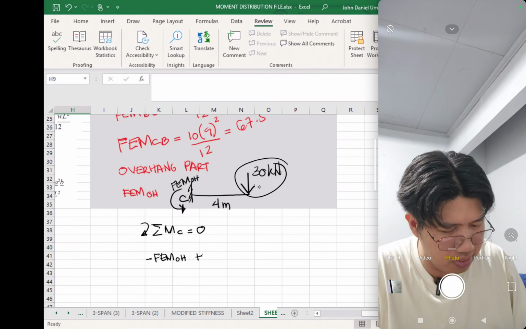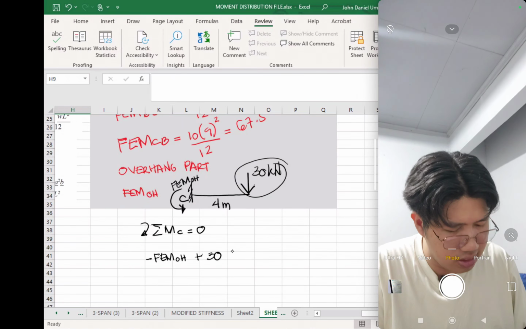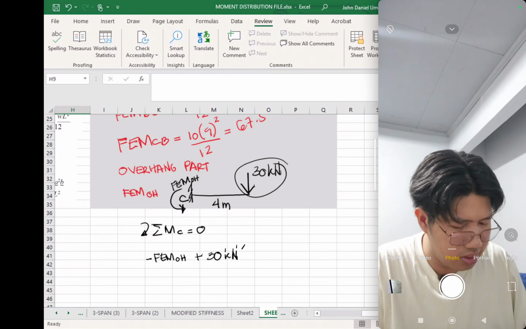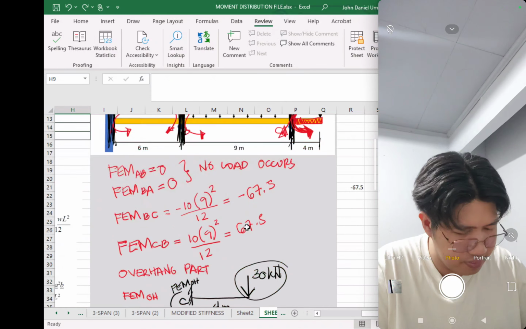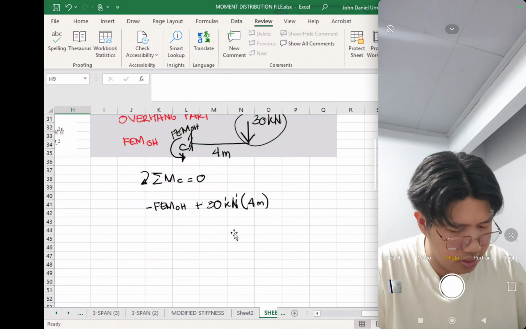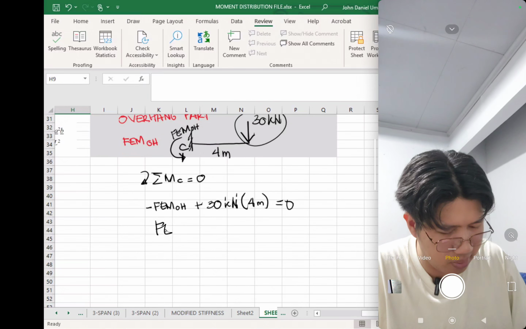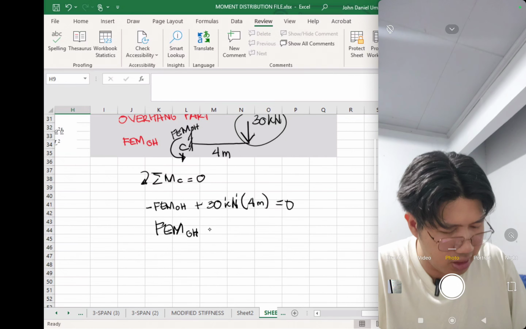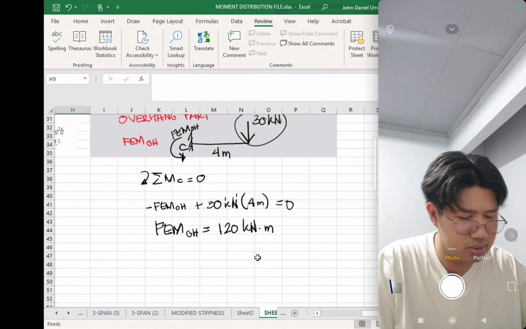Then this one will produce a clockwise moment about C, so that is 30 kilonewton times 4 meters. So we transpose, equals 0. FEM overhang is negative 30 times 4 transposed, so that is 120 kilonewton meter. Okay.